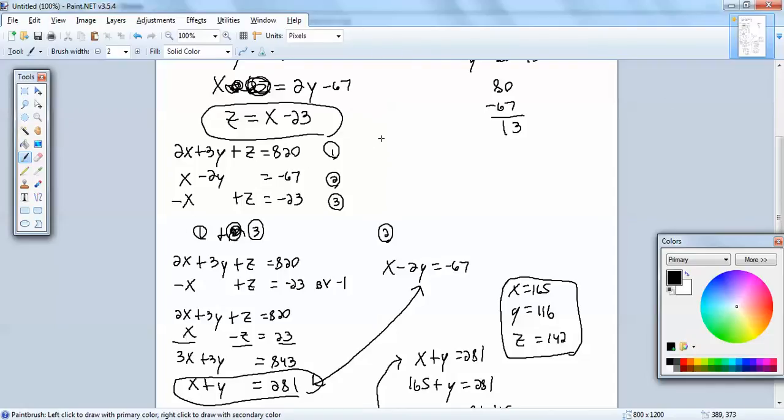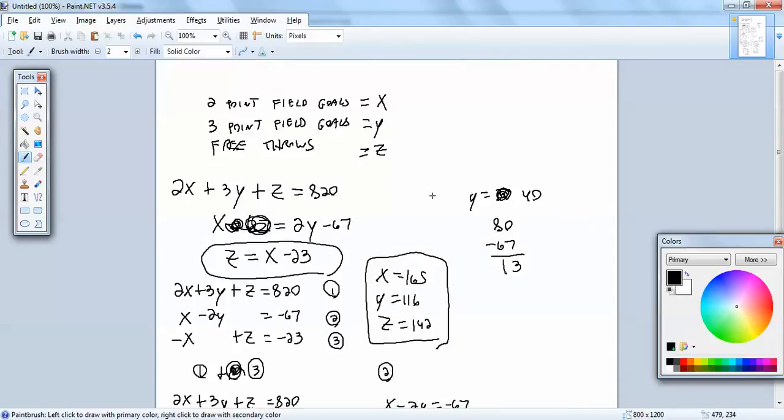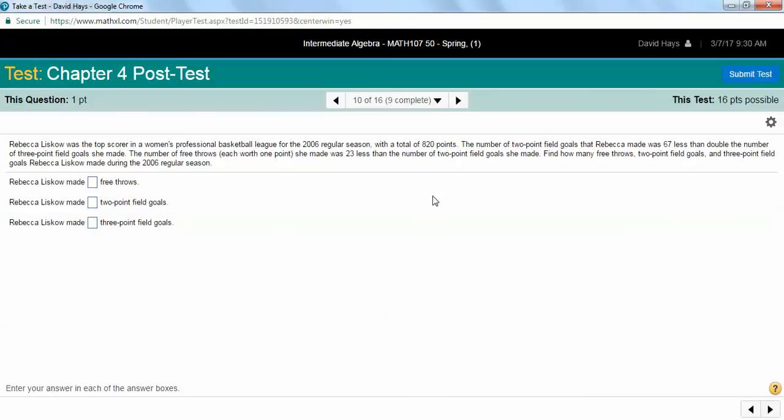Now I got to enter it correct. 165, y is equal to 116, z is equal to 142. There we go. Now what's it saying? Free throws.